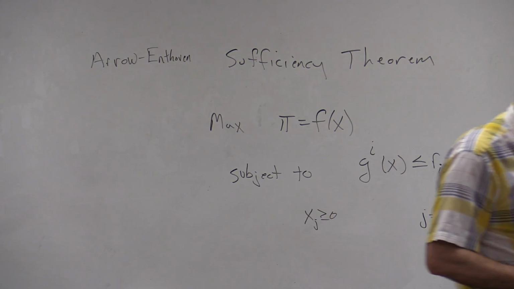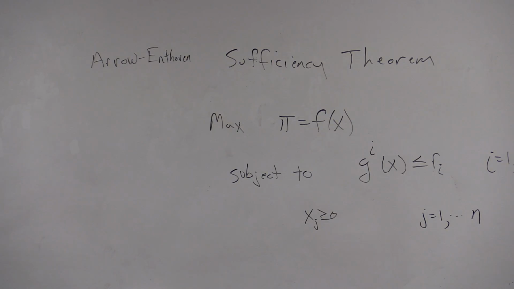Your objective function now is just going to be required to be quasi-concave. Quasi-concavity is a weaker condition than concavity. And we'll discuss quasi-concavity more in just a little bit.